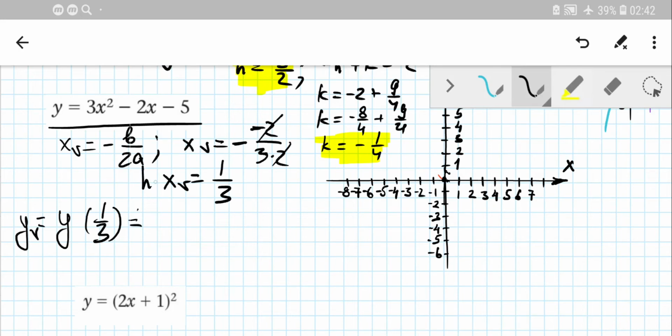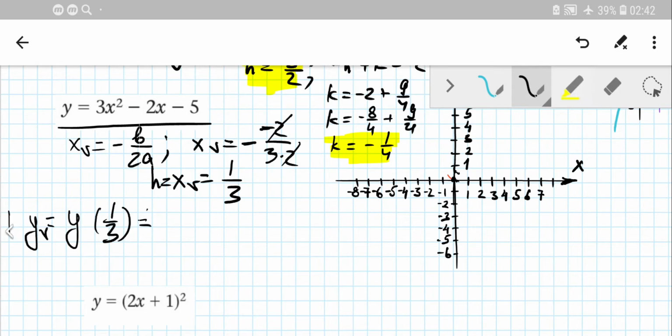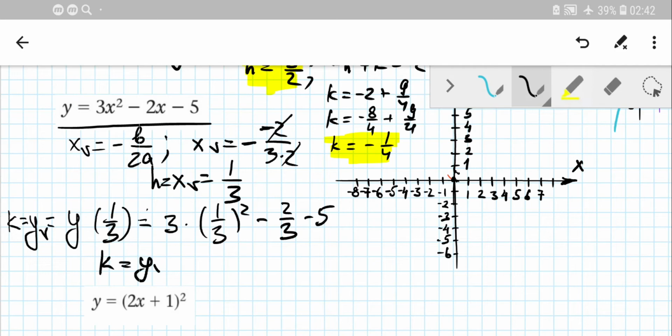Okay, so that's the h coefficient, as you remember, and the y vertex is the k coefficient. And from here we can calculate: 3 times 1 over 3 squared minus 2 over 3 and minus 5. Okay, so that's for k, or the y vertex. We'll get 3 over 9, which is 1 over 3 finally. Then negative 2 over 3. And instead of 5, I'll get 15 over 3.